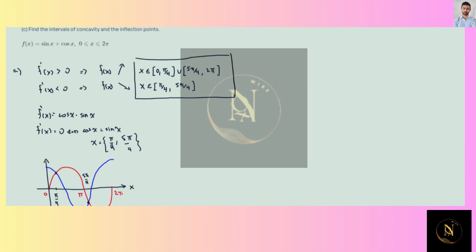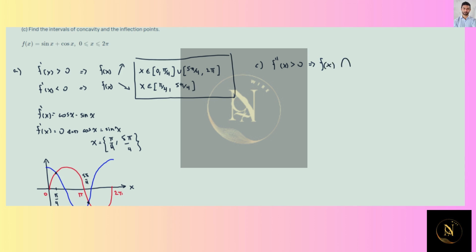Next question, we want to find the intervals of concavity and inflection points. So the main concavity, it's similar to whether f is increasing or decreasing, but this time has to do with the shape of the curve. For instance, if f double prime of x is positive, then this implies that f of x has a positive concavity.